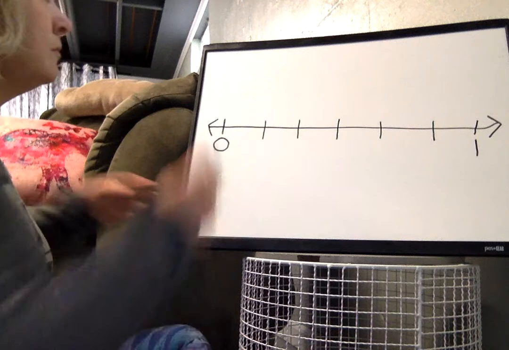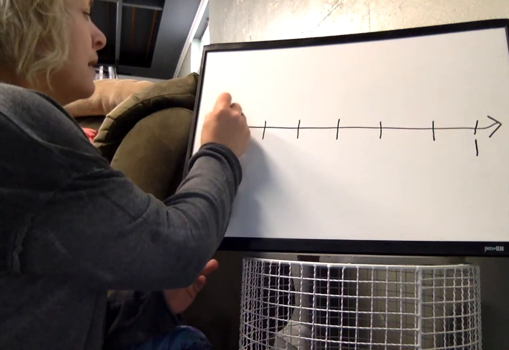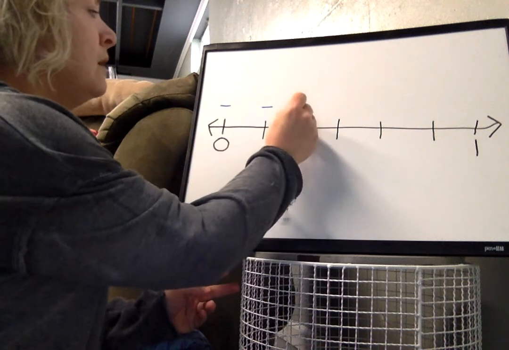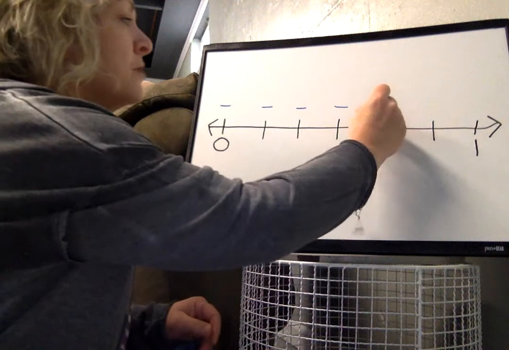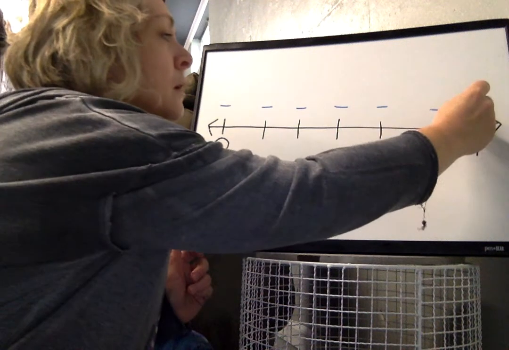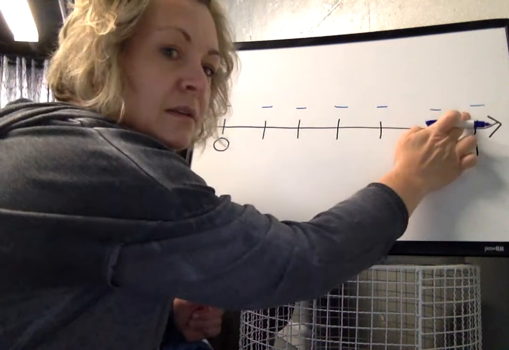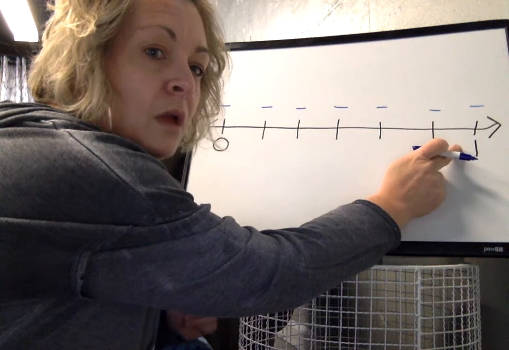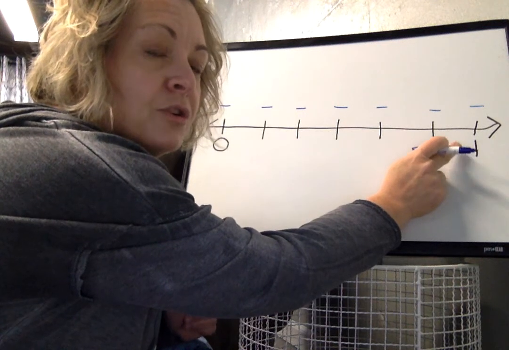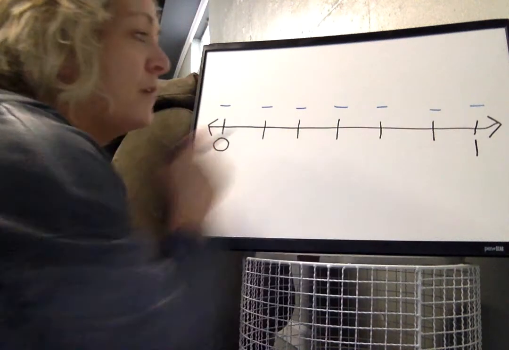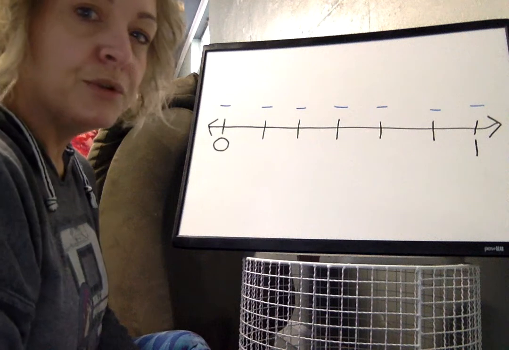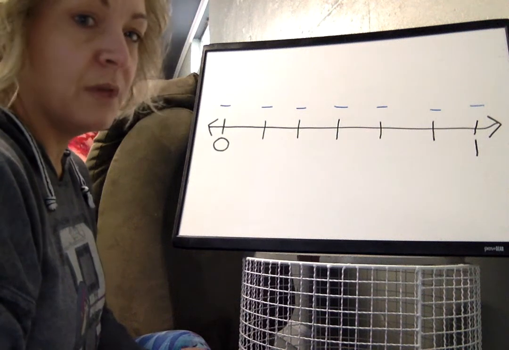So I'm going to go ahead and make my line that separates my fractions. By the time you got to this one, to the 1 whole, then you should have known the denominator for all of them. So let's count the numerator as we go through.